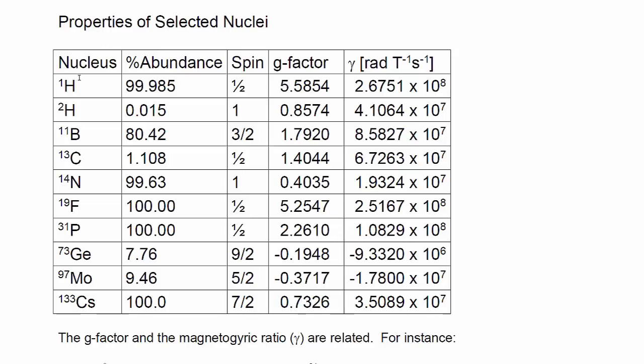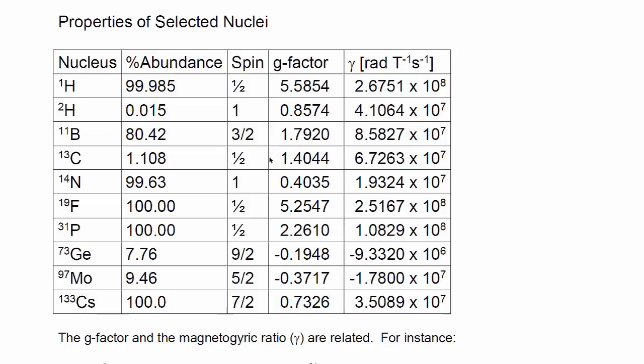Contrast that with, let's say, carbon-13. The relative abundance of carbon-13 naturally is just a little over 1%. That means very few of the atoms present in our sample have carbon-13. It's a spin 1/2 system just like protons, and it has a G factor of 1.4, so much less than a proton.